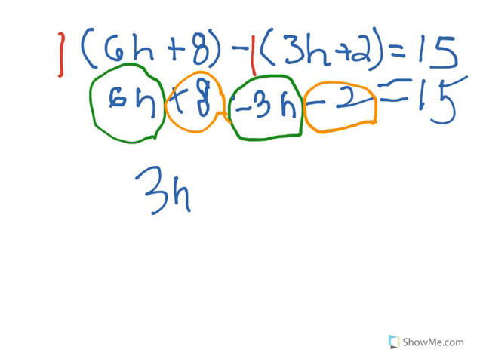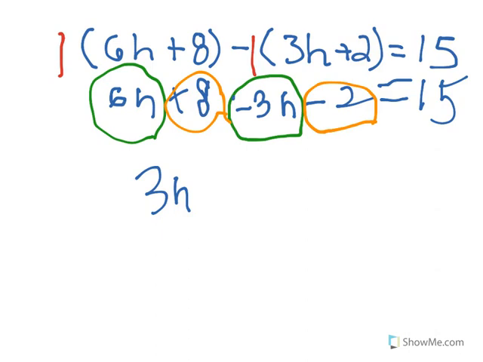Think about it. 8 minus 2 would be 6. Wonderful. So 3h6 or 3h plus 6?